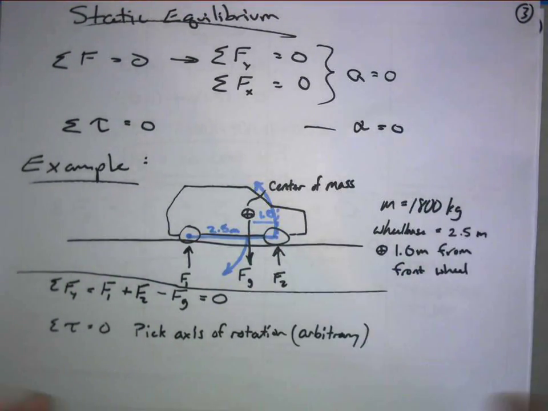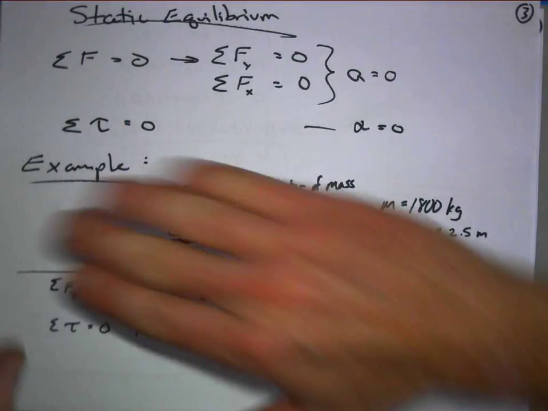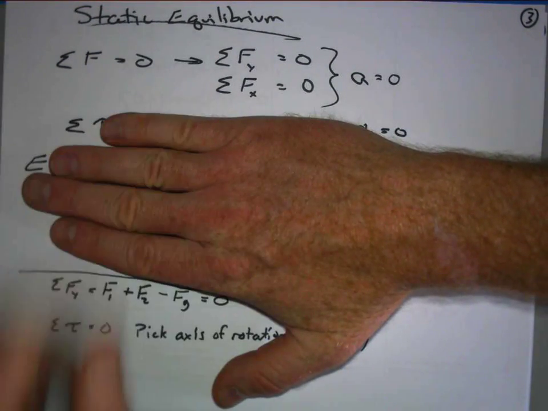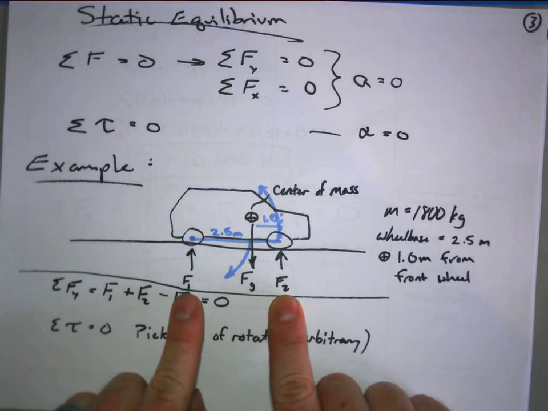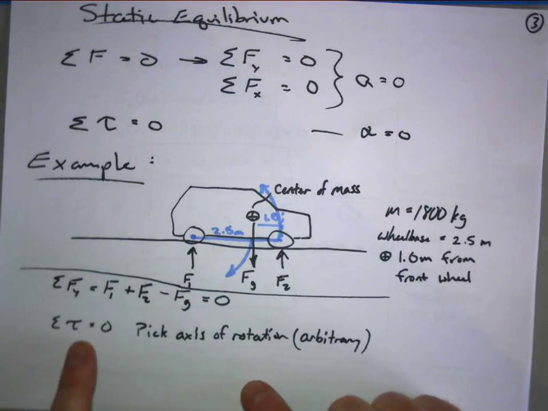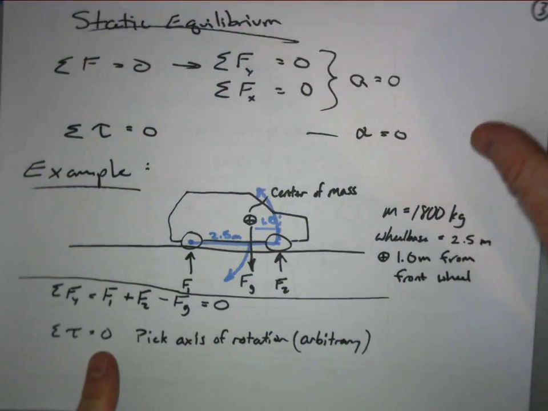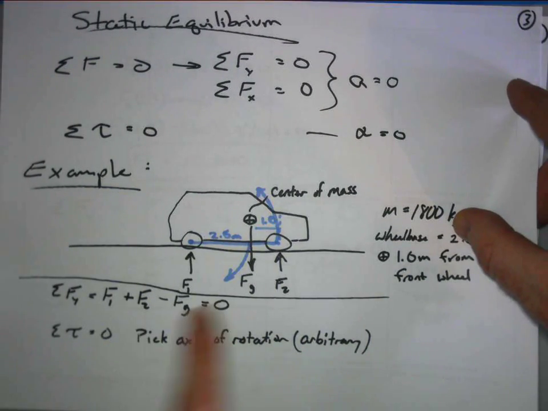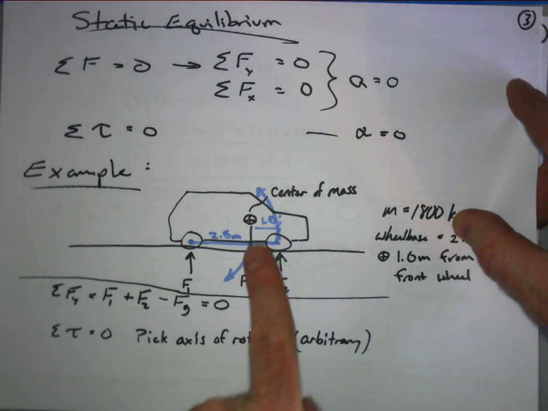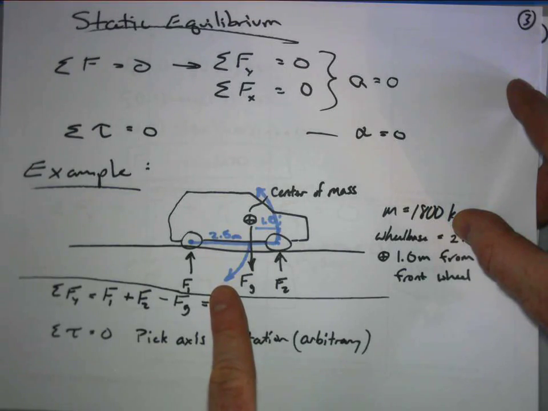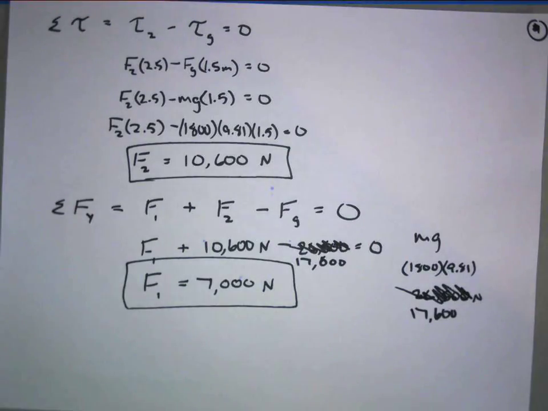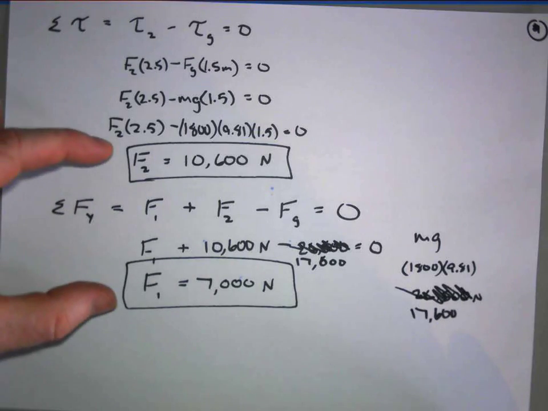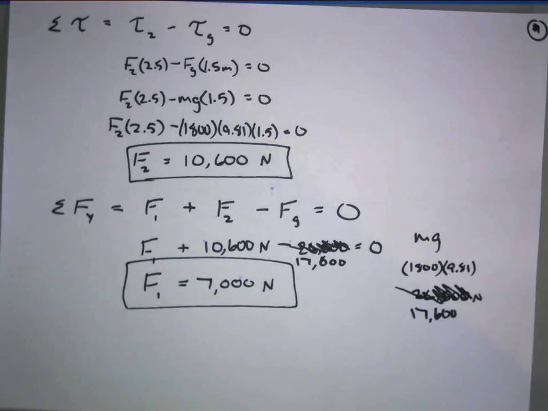However, if we only use linear information, we cannot find the values of F1 and F2 separately because I simply have too many unknowns. But I can use the sum of torques is 0, rotational equilibrium, torque counterclockwise and torque clockwise must cancel because the car is not rotating. And that allows me to solve for those 2 forces independently, which is quite nice.